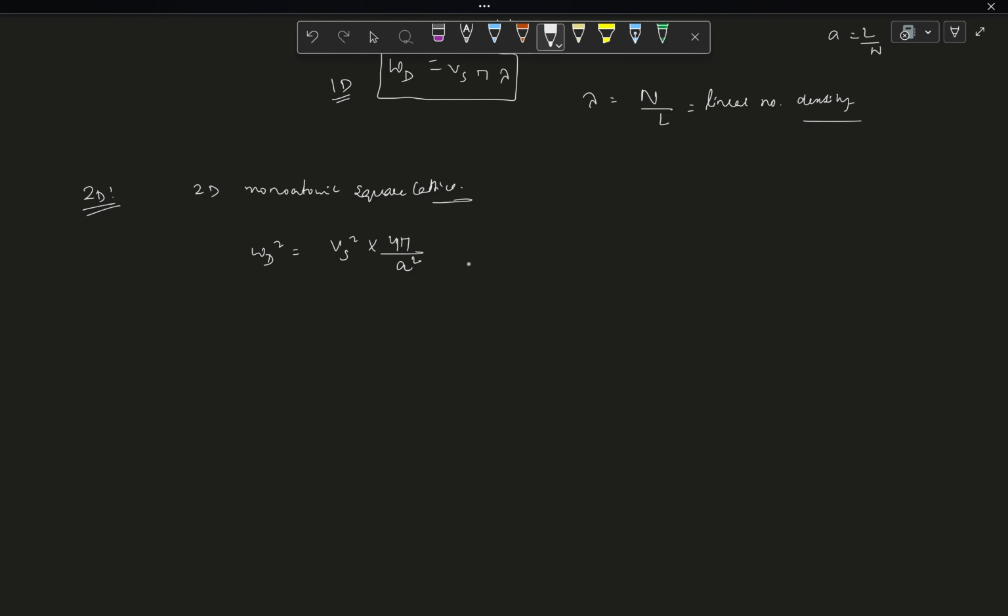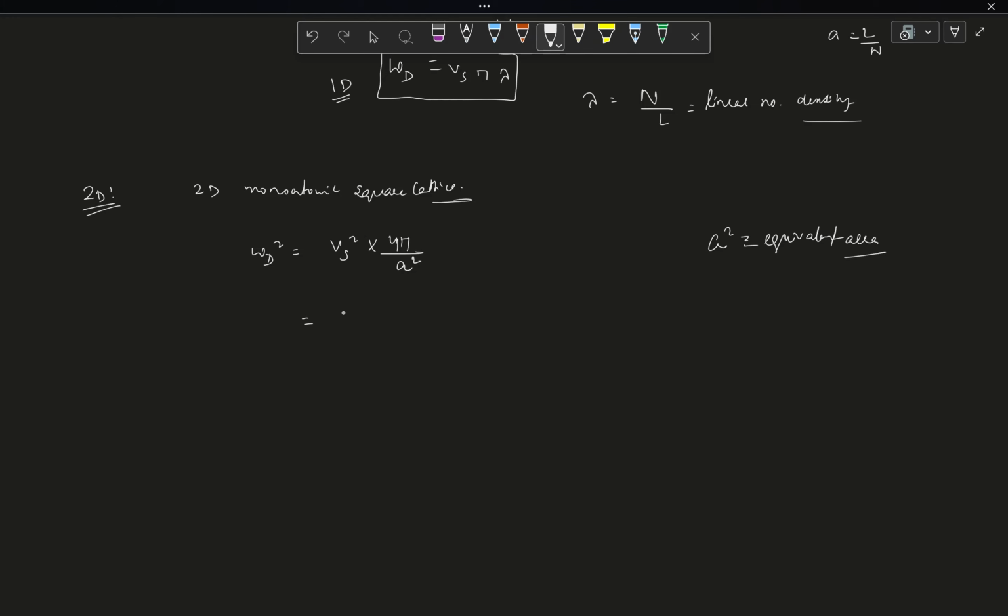So this A is again your lattice parameter, so A squared has an equivalent area dimension. If you take a unit cell each of side A, then the area of that cell will be A squared, right? So this thing will be 4 pi by A squared.